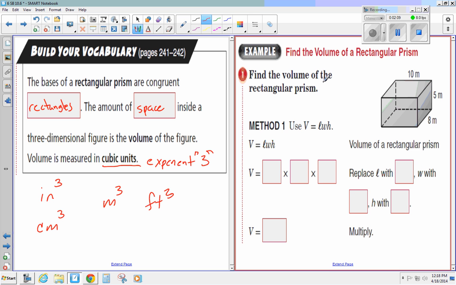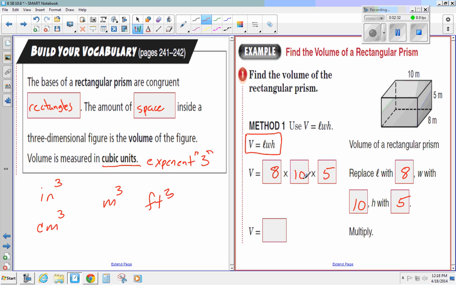All right, find the volume of a rectangular prism. The volume formula is this. So we look at this right here and we just have to decide what we want the length to be, what we want the width to be, and then the height would be 5. So you plug all those numbers in there. 8 times 10 times 5.